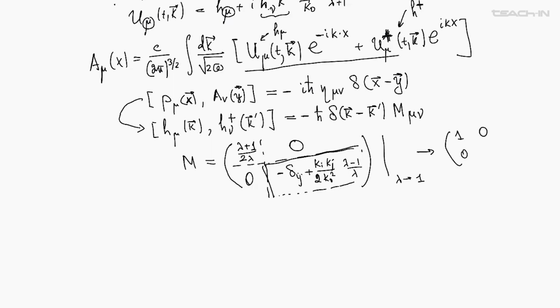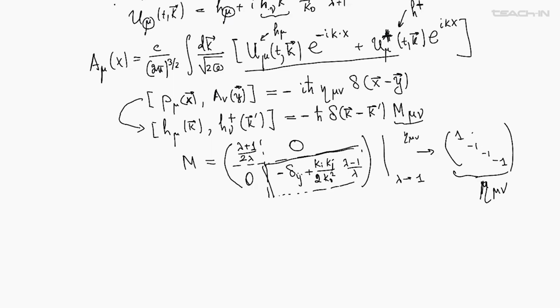If you write it in terms of components, this 4x4 matrix, you will find 1, minus 1, minus 1, minus 1. This is because of minus delta ij, and zeros in all other places. And this is nothing else than the Minkowski metric, as you realized. So in the case of lambda equal to 1, on the right-hand side you just get the Minkowski metric.